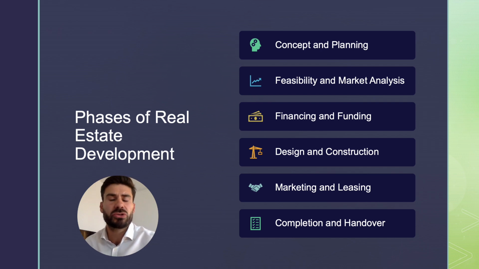The design and construction phase brings the project to life, followed by marketing and leasing to attract the tenants. Finally, the project is completed and handed over to the asset manager or purchaser, marking the transition into the operational phase.